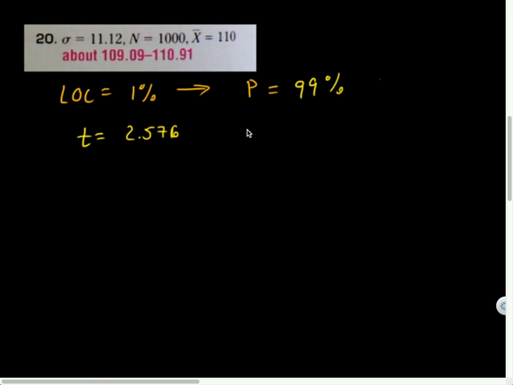So I know sigma, I know n, I know x bar, but do I know sigma sub x bar? Actually, let me do that in purple for fun. Sigma sub x bar is going to be 11.12 divided by the square root of 1,000. Am I right? 110 isn't coming into play here just yet.